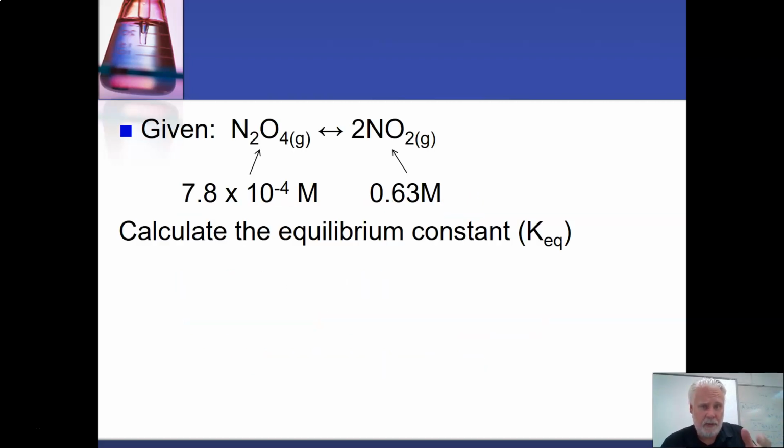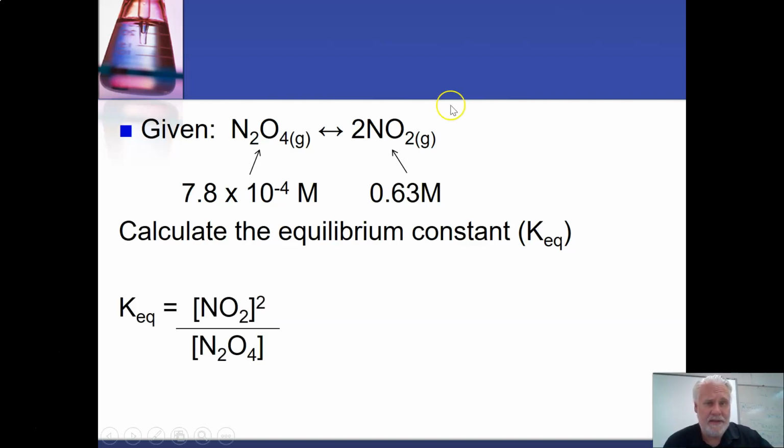So we'll give you a hypothetical problem given two concentrations at equilibrium, and you're asked to calculate the equilibrium constant. So you're going to write your KEQ expression. The product, as you can see right there, has a coefficient, so you better raise that to the second power.